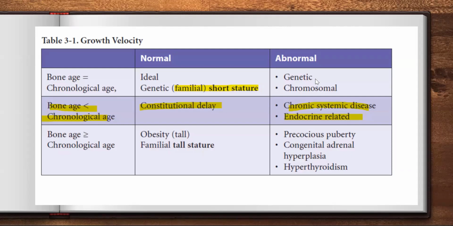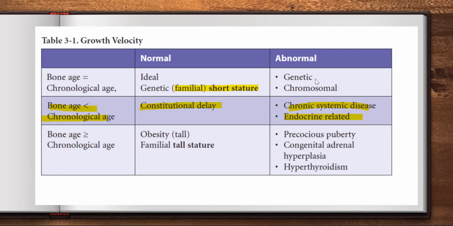So their bone age and chronological age are the same, and they have familial short stature. But constitutional delay means that now he is 13 years old, his growth spurt is not that good in relation to the other boys in his age group. But eventually, in 2 or 3 years' time, he will attain that growth. So that's your constitutional delay.